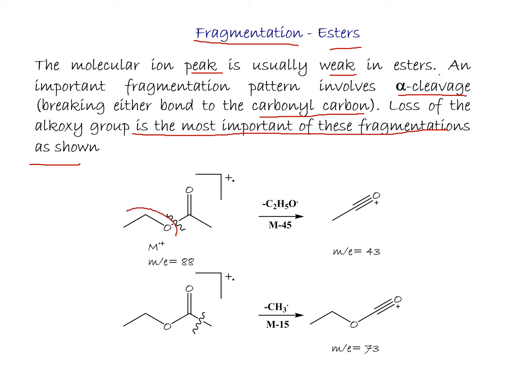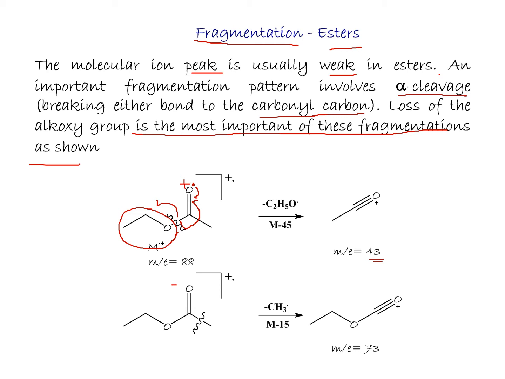This is the alkoxy group. Assuming that we ionize on the lone pair of oxygen, we kick out one electron. Elimination of the alkoxy radical will leave a radical here, which forms a triple bond to O plus at 43.